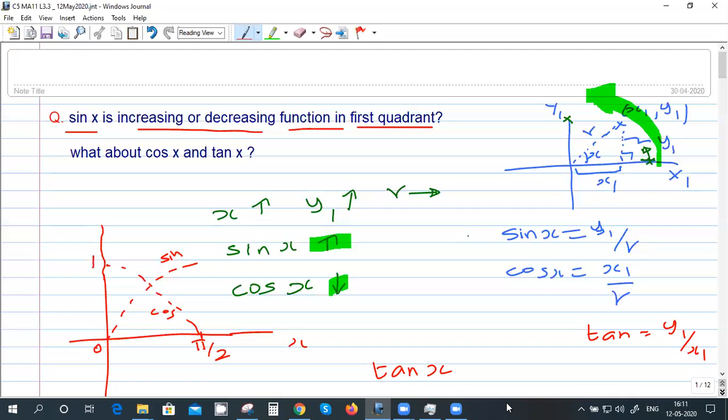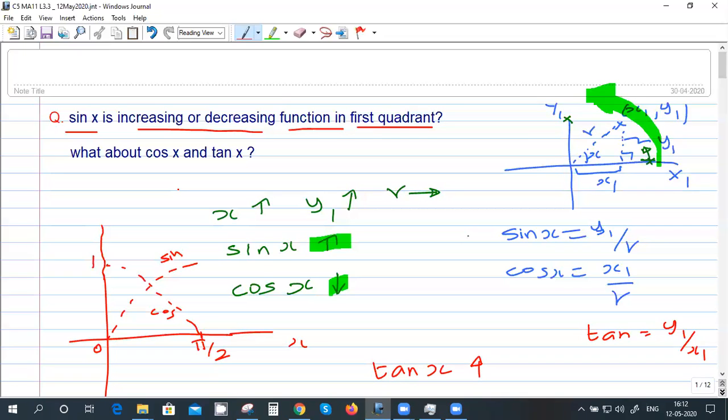Oh, right. So then tan will be increasing, and much faster, because the numerator is increasing and the denominator is decreasing. So both are contributing to the increase. If you take sine, the numerator is increasing but the denominator is constant. But here, the numerator is increasing and the denominator is decreasing. So it will increase much faster.